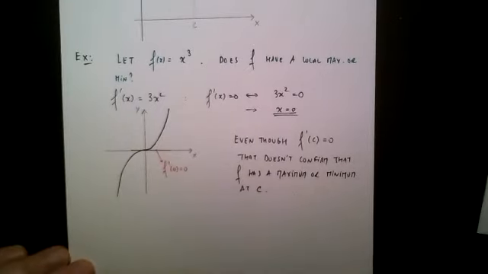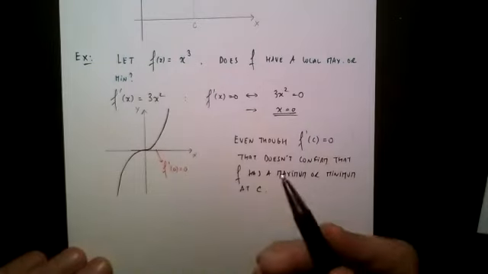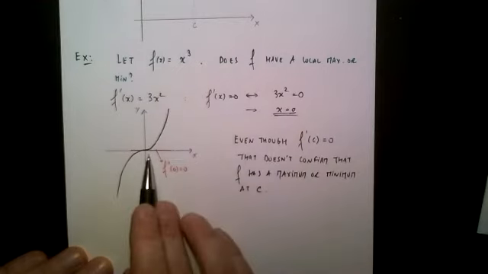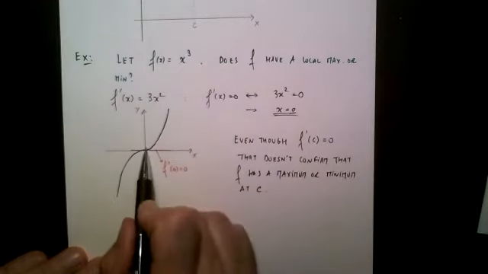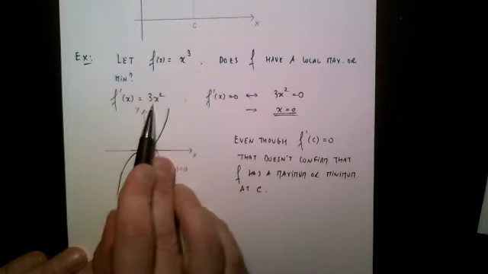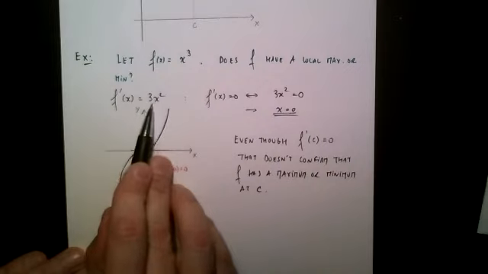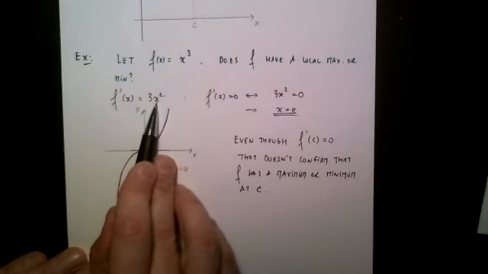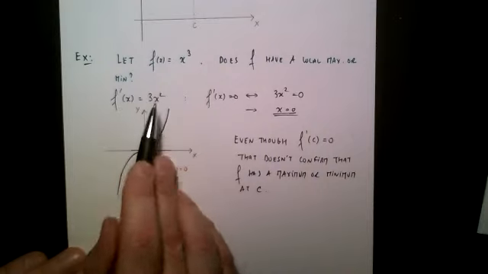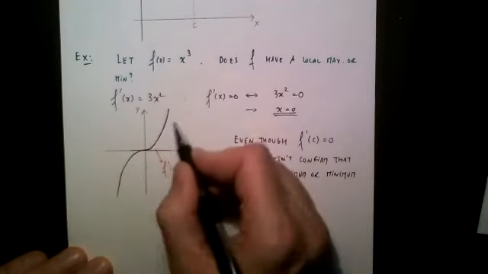Wait, sorry, can you repeat that, please? Yeah, it's not that important. It's important, but not for now because we're going to go deep into this. But if you wanted to think a bit, why don't we have a maximum or a minimum at x equals 0 here? Well, you could just look at the derivative, and you notice that it's always positive. x squared is always positive. So if f prime is positive, it means the function is always increasing, right?